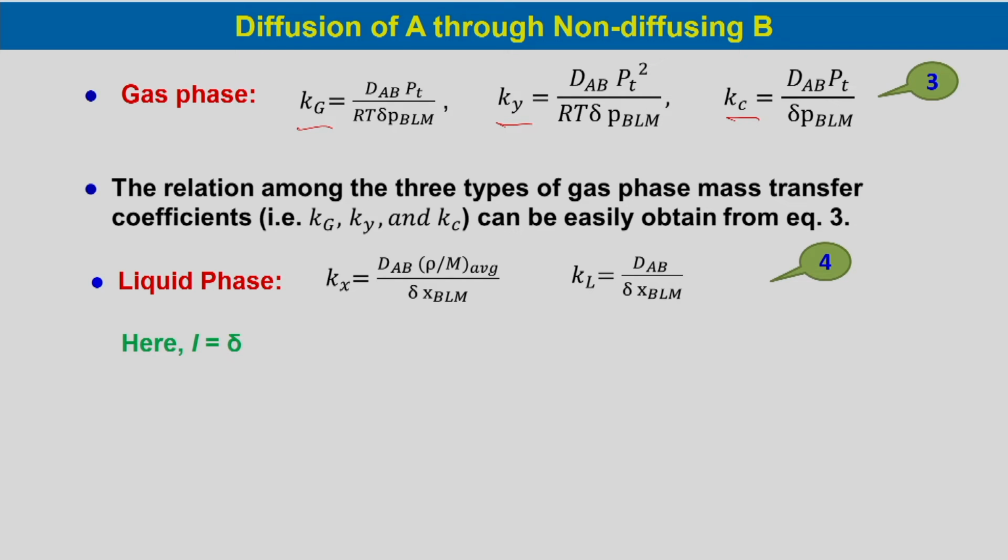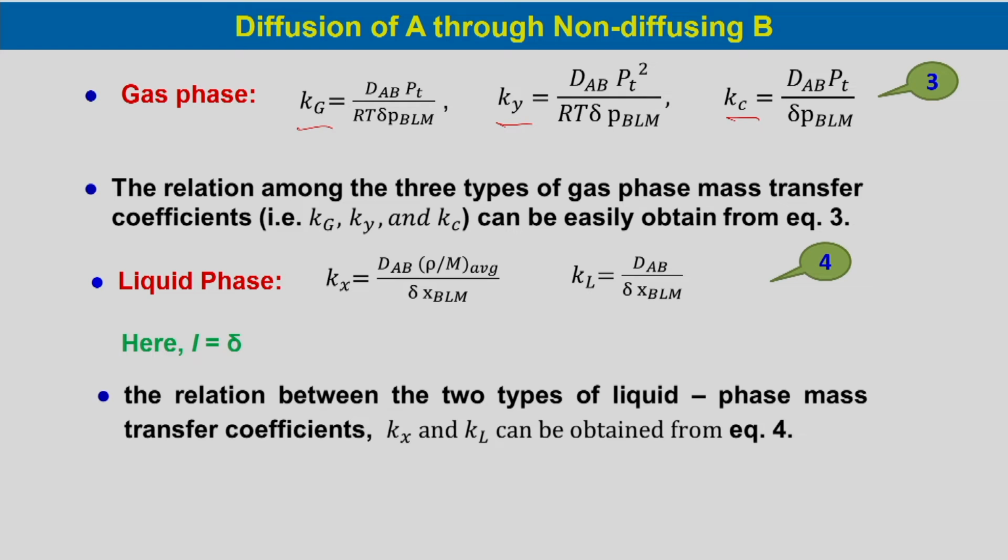and here we have considered the thickness between the 2 points where the diffusion is occurring as delta, the diffusion length. The relation between the two types of liquid phase mass transfer coefficient, similarly to the gas phase, we can obtain from the Kx and KL relations in equation 4.